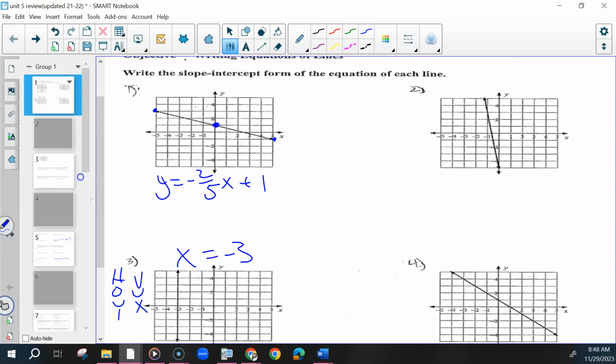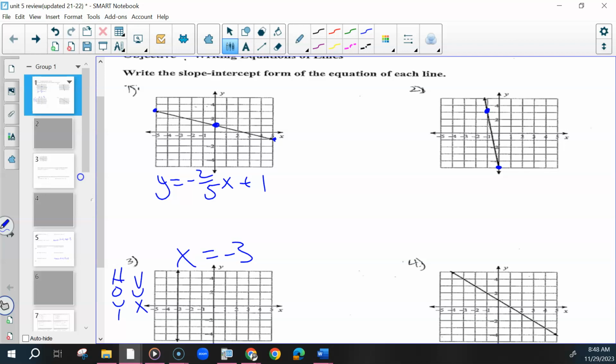Any others from this page? Right. Same process. Y-intercept here, it looks like it's really close to 4, but it's not exactly on the y-axis, so it's at -5. And then the next point that crosses the grid lines exactly would be right here.